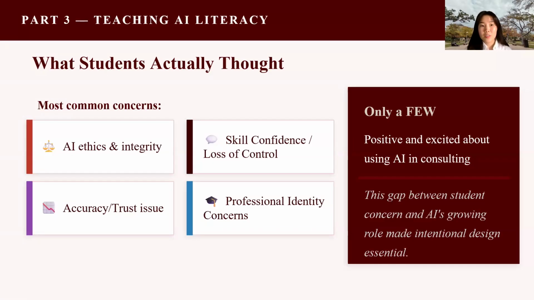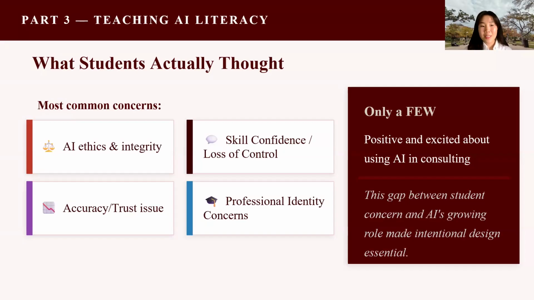And I was able to identify 4 different common areas where students were concerned. The first thing was about AI ethics and integrity, because I think this is the case for all the faculty at Texas A&M. We had to include the core value of integrity in using AI.